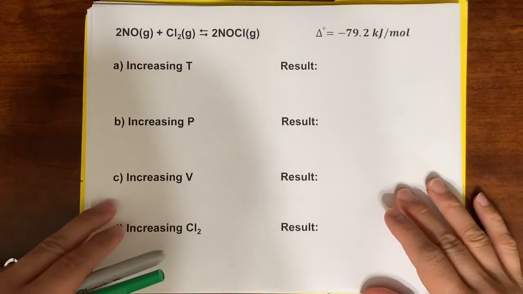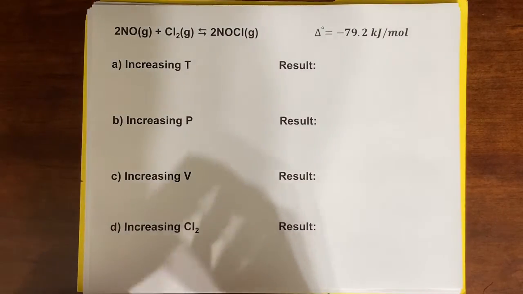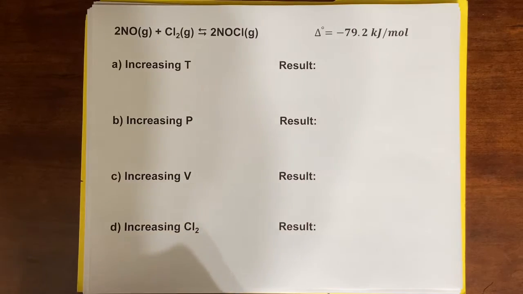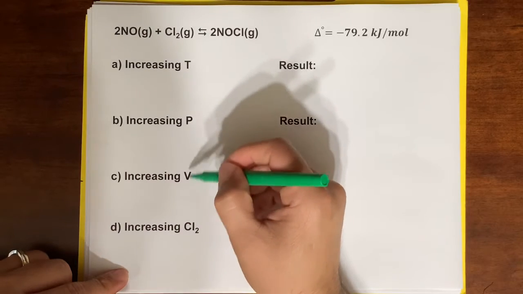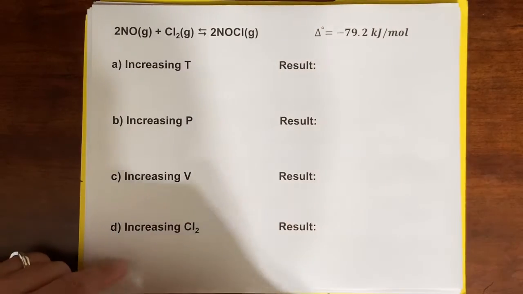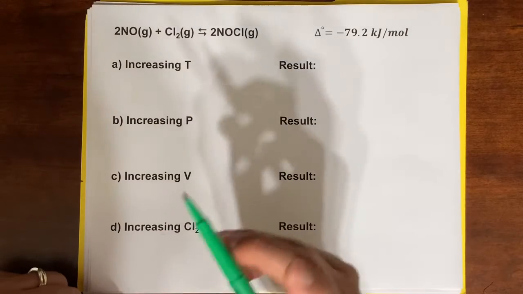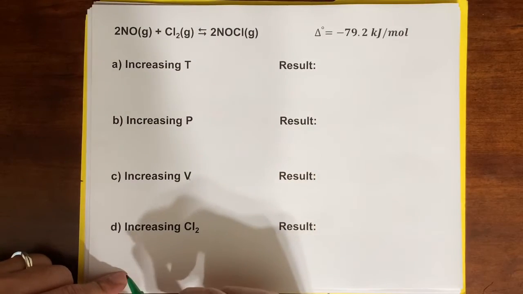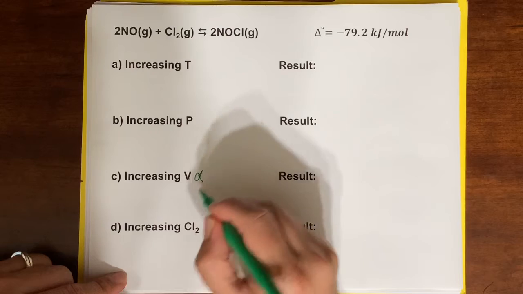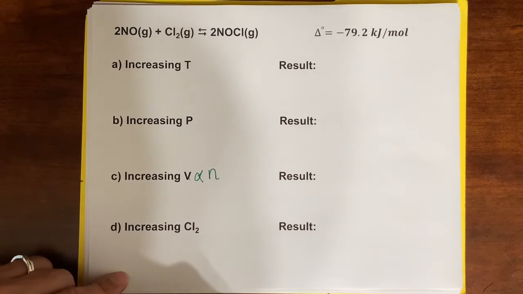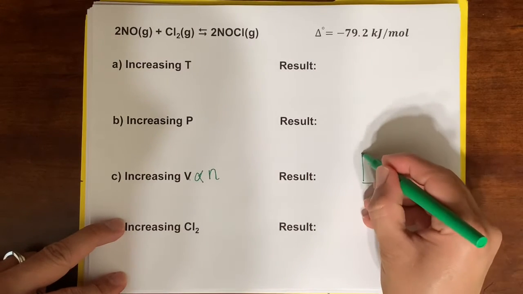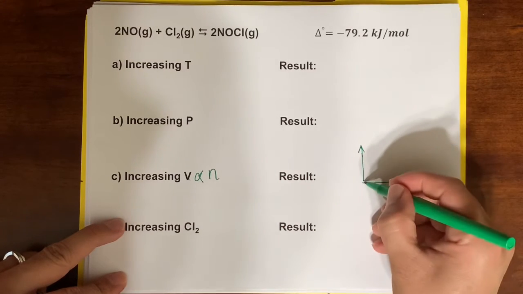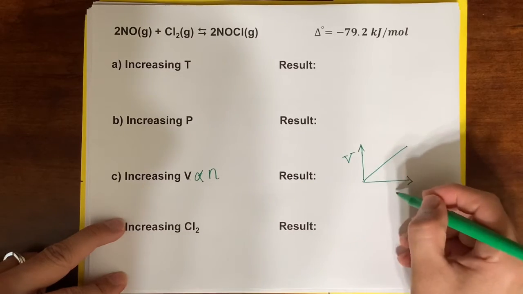Okay, how about the effect of pressure or volume? When you want to consider P or V, you have to look at the number of moles. Let's go with the volume first. Volume is directly connected to number of moles.